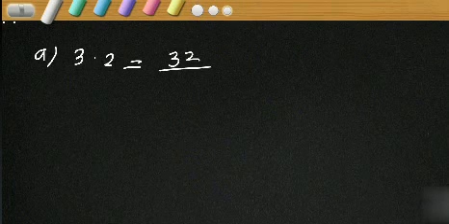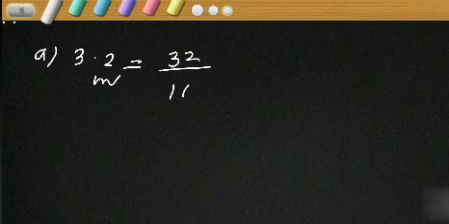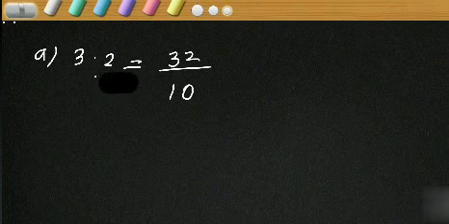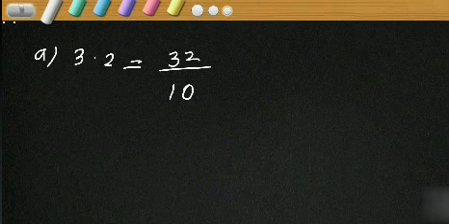And which number on the denominator? Only one decimal place here means 10. In 10 there is only one 0. Can we stop here? No. Why? All fractions have to be written in the reduced form. That is a common rule.